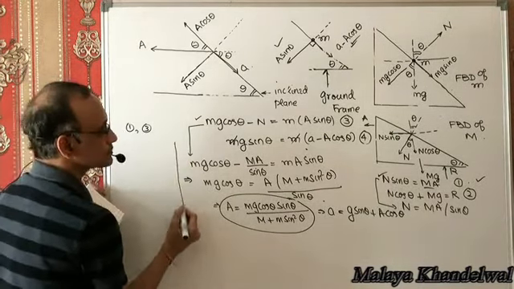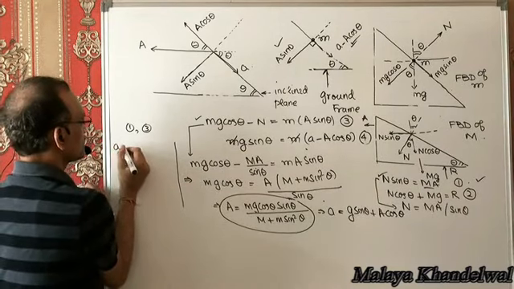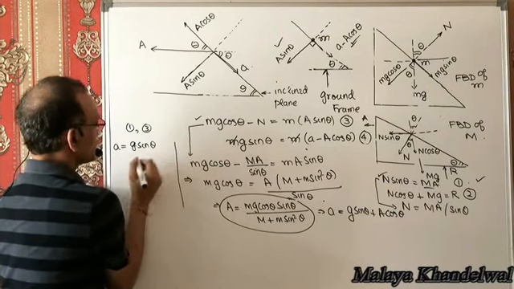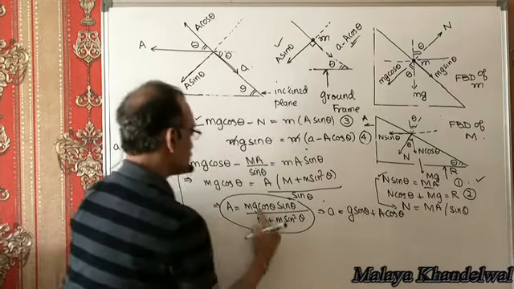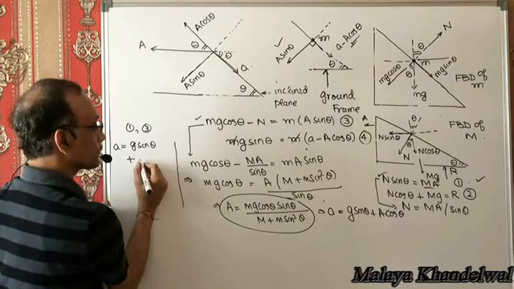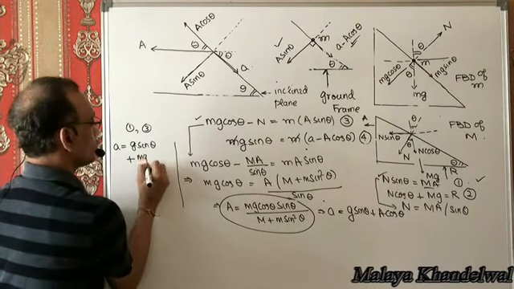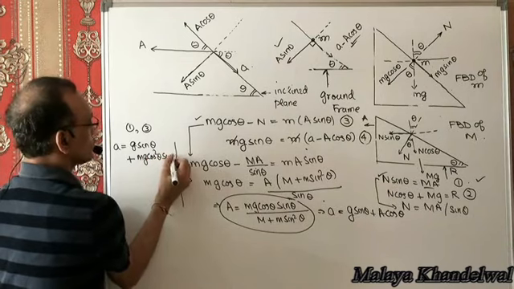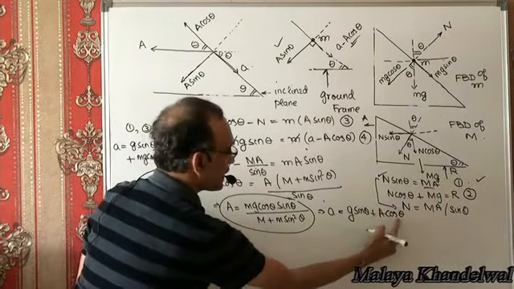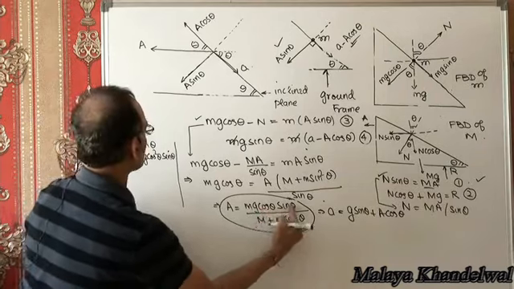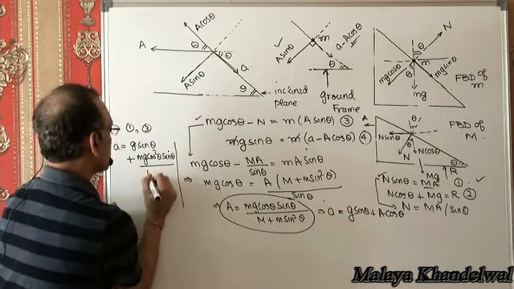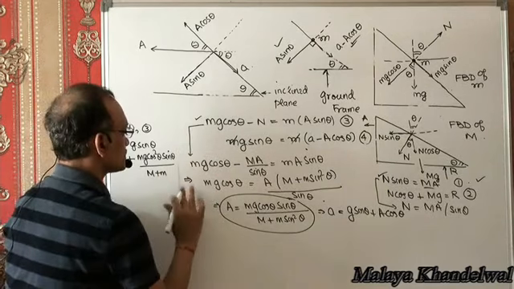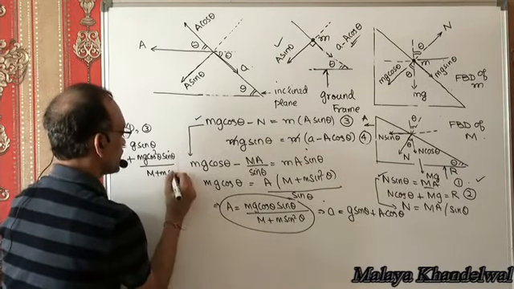Right here, a is g sin theta plus capital A cos theta. That means mg cos square theta sin theta. See, I'm saying capital A cos theta, this into cos theta, so mg cos square theta sin theta divided by capital M plus small m sin square theta, right?